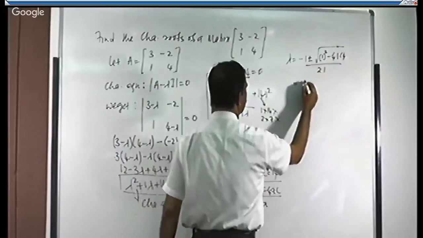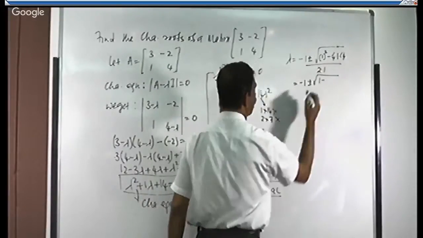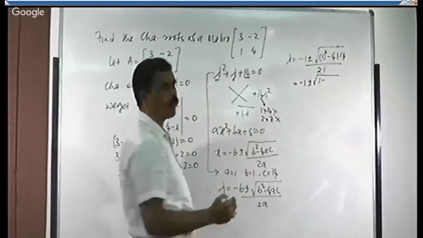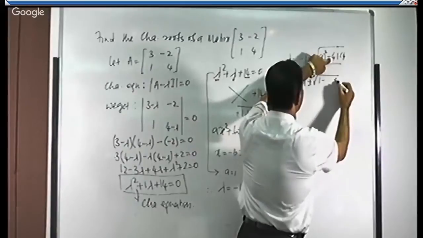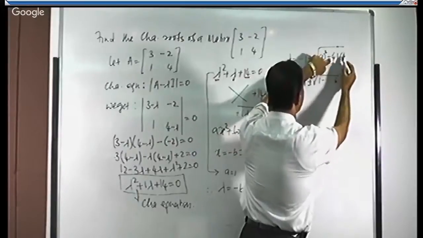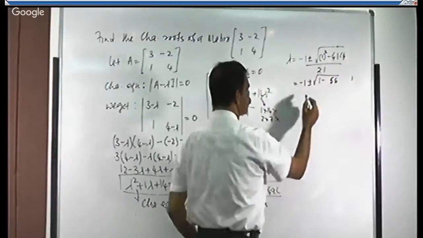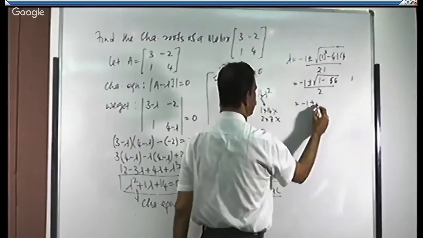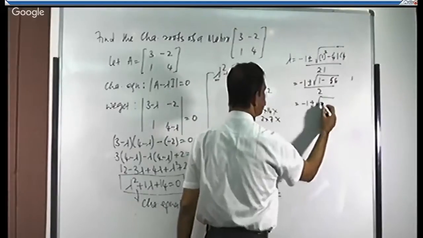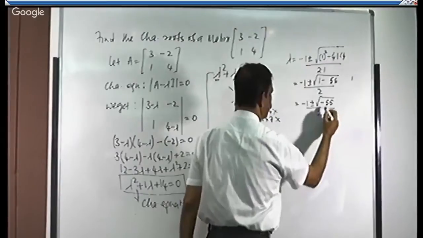This is minus 1 plus or minus root of 1 square is what? 1. 14 into 4, 4 4s are 16, carry 1, 1 into 4, 4, 4 plus 1, 5. So 1 minus 56 divided by 2, or it is minus 1 plus or minus root of 1 minus 56 is minus 55 divided by 2.